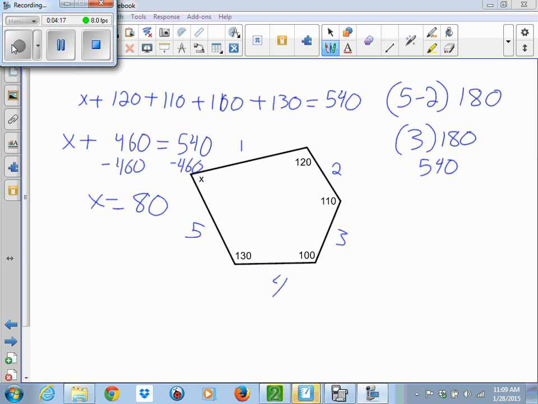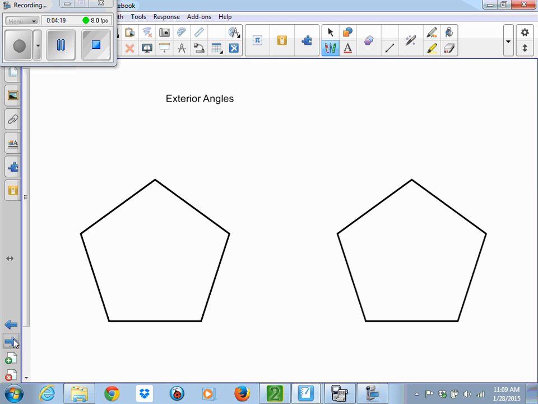We're going to talk about exterior angles here. On exterior angles, we're basically going to extend the sides so that we can get one of the exterior angles. On here, I can extend the side that way, and you want to keep the same method all the way around. I can extend this side, this side, this side, and this side.